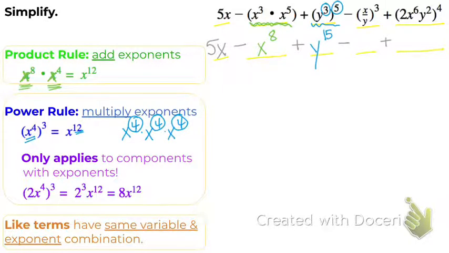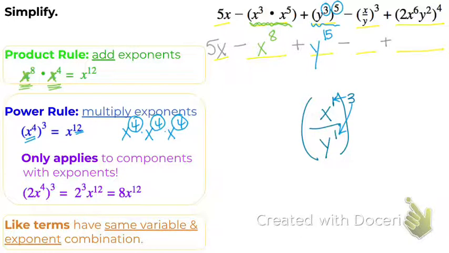Now the next one is also the power rule. I'm going to rewrite it down here. X divided by y. If there's no exponents, we assume that the exponent is 1. Also, it's important to know that if you have an exponent to a fraction like this, you take that exponent and you multiply it by the numerator and the denominator's exponent.